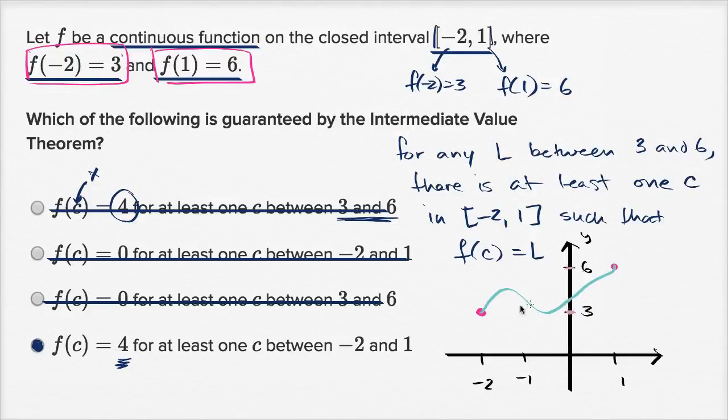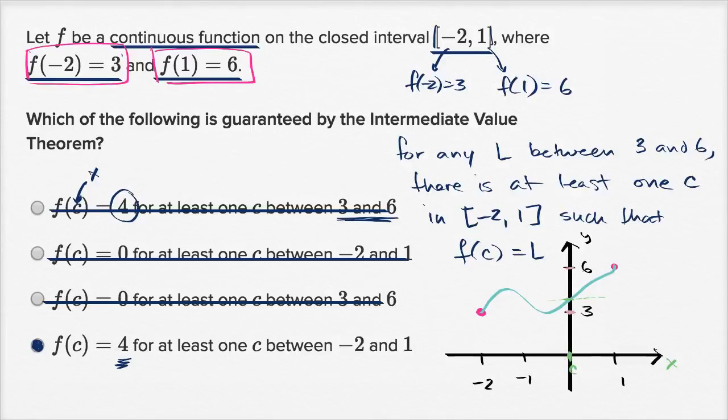It might take on other values, but we know for sure it has to take on every value between 3 and 6. And so if we think about 4, it's right over here. The way I drew it, it actually looks like it's almost taking on that value right at the y-axis. I forgot to label my x-axis here. But you can see it took on that value for a c, in this case, between -2 and 1.